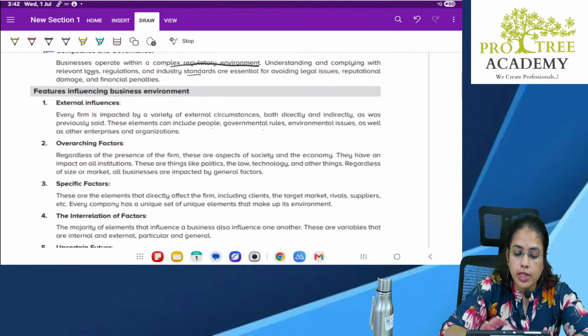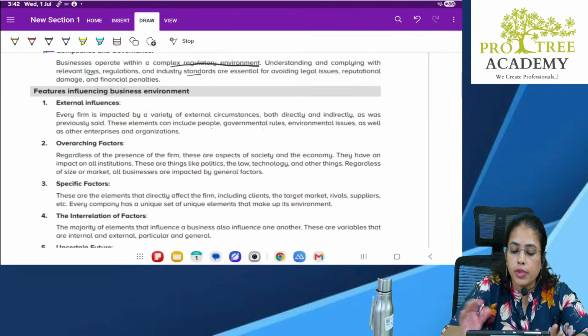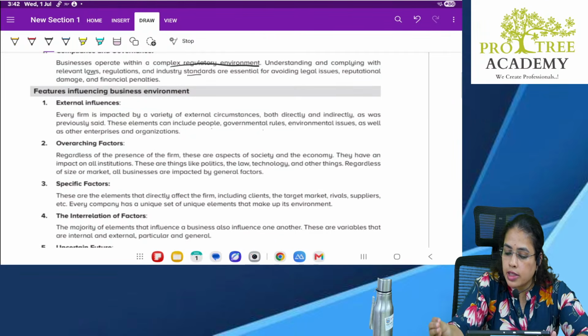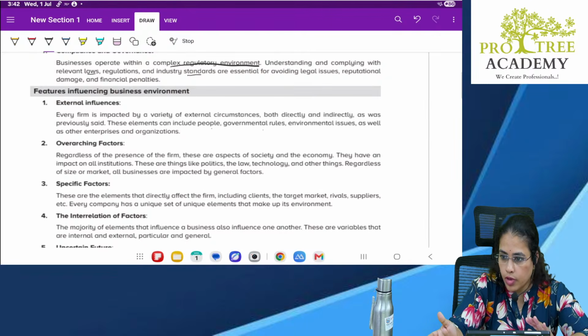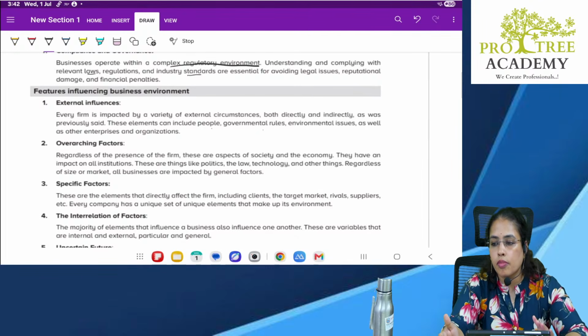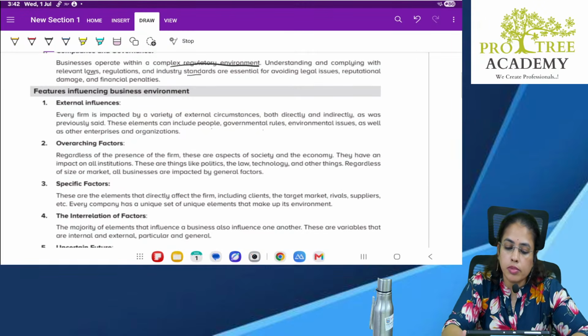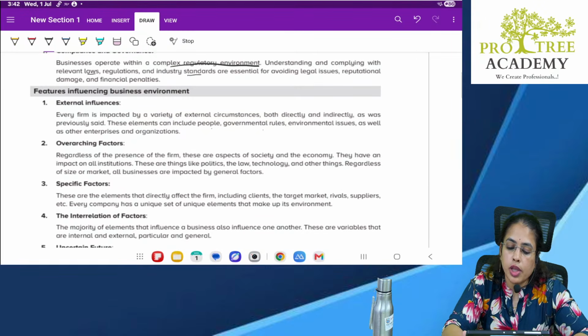So external influence means what? The impact of various external things; directly or indirectly, it can affect. Indirectly means what? How can it affect indirectly? Can you give me an example? External circumstances, directly and indirectly.